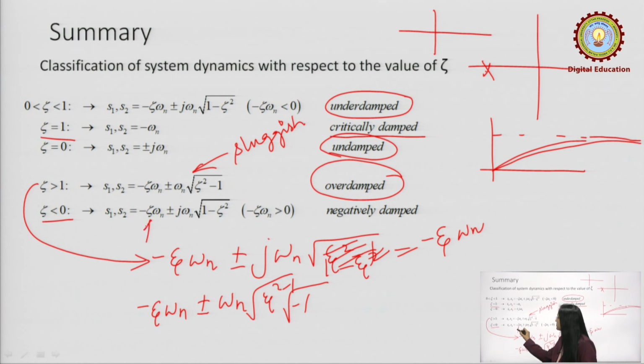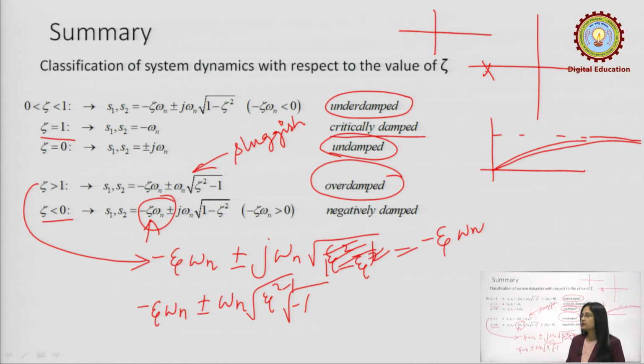Since it is having a negative value, what happens to the real part? Here the real part is minus zeta omega n, but since zeta is a value which is less than 0, it is having a negative value, the real part of the root becomes positive. So, the real part of the root becoming positive means that the roots are lying on the right half of the S plane.